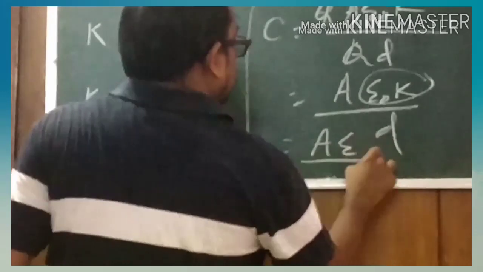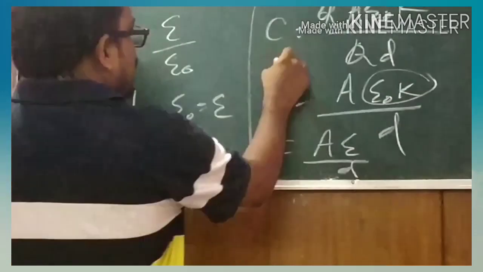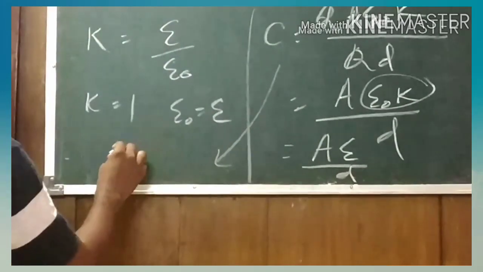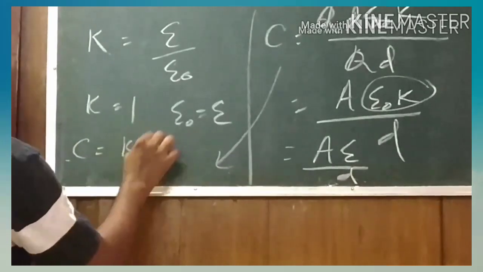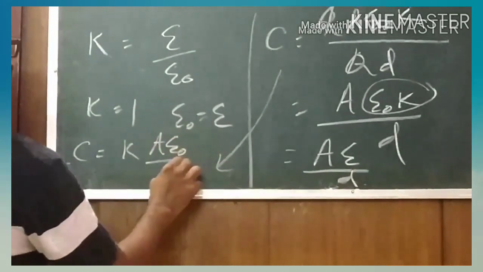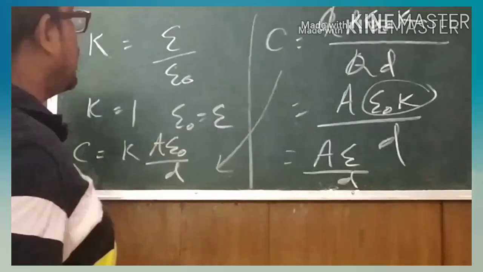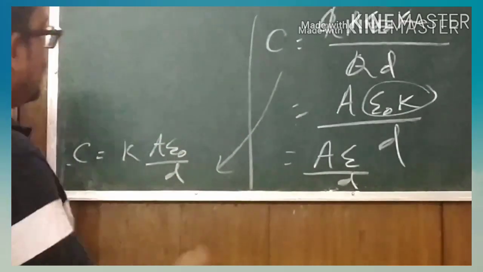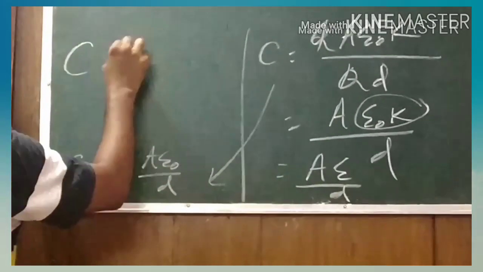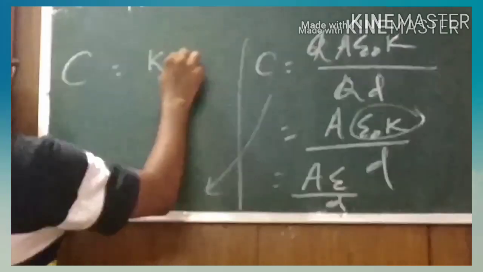Now we can write this as A epsilon by D, or as C equal to K into A epsilon 0 by D. If we take A epsilon 0 by D as small c, then C will be equal to K into small c.